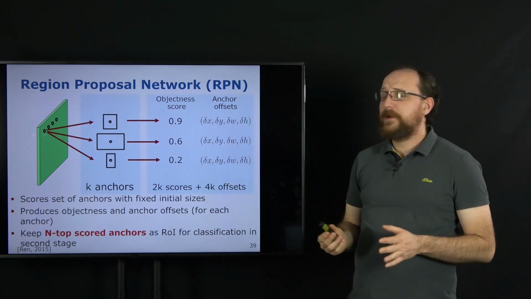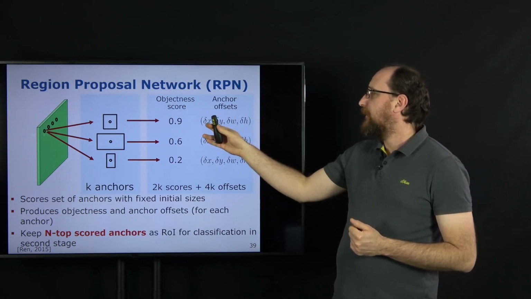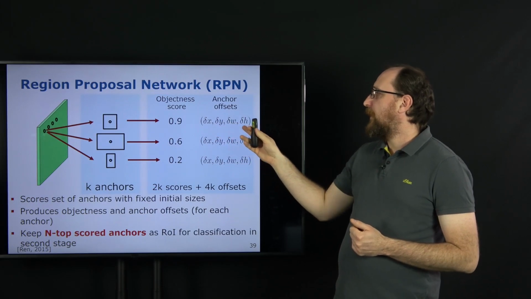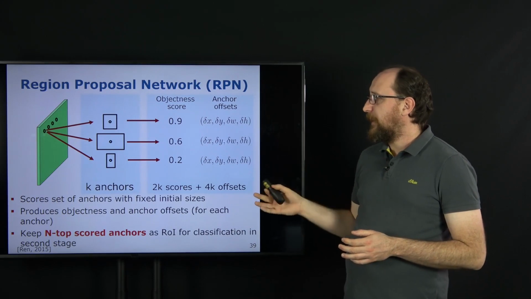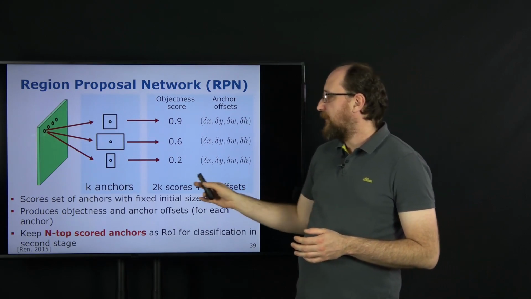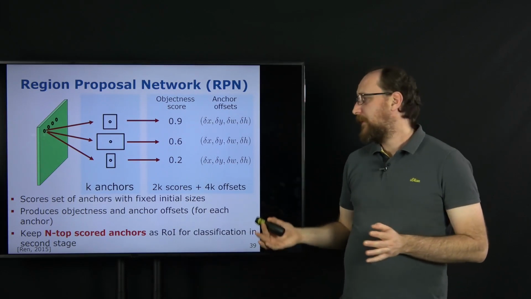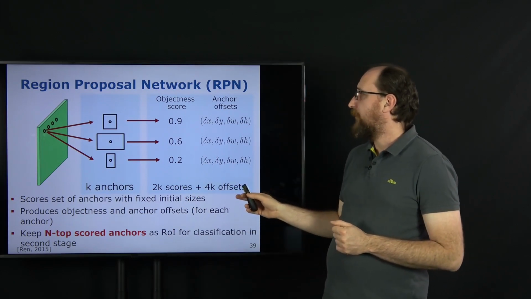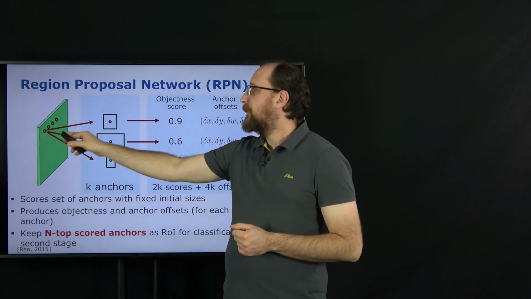Furthermore, it enables us to regress small offsets in x, y, and width and height of the anchor position. So in the end, we get 2k scores, because we have an objectness and a non-objectness score, and we have 4k offsets for each of these anchors. This is happening for all locations in the feature map.